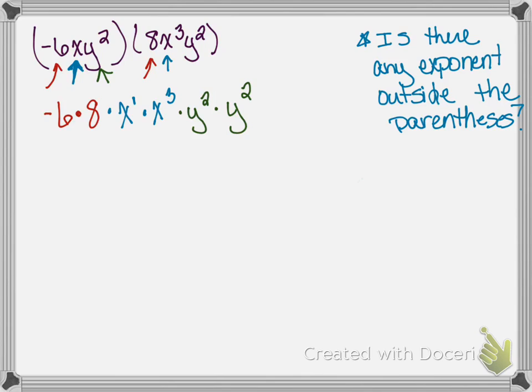Okay? Negative 6 times 8 is negative 48. X to the first times x to the third is x to the fourth. Y squared times y squared is y to the fourth.